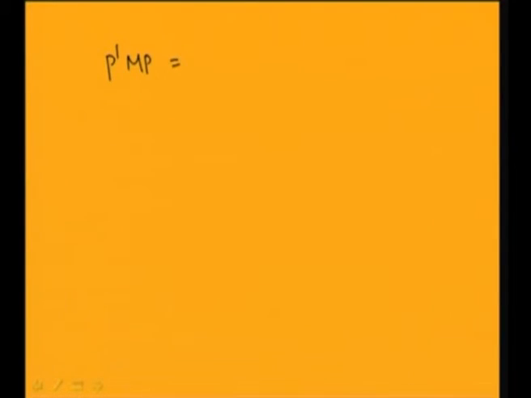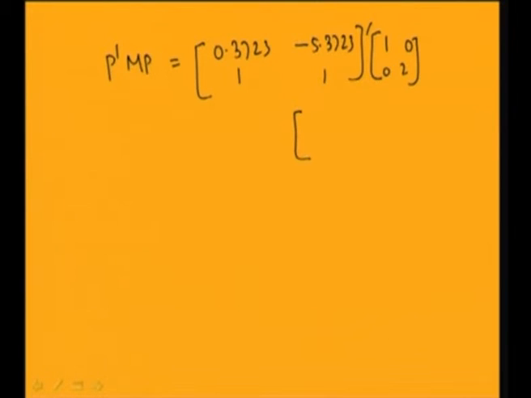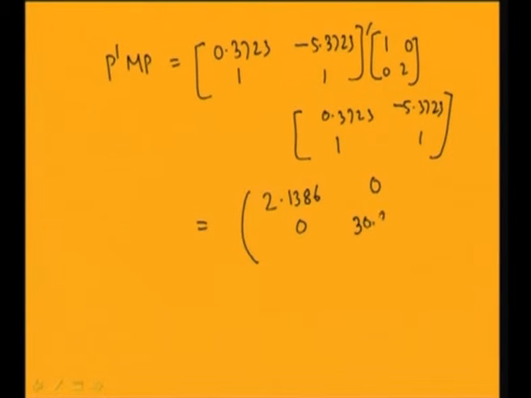Now let us find P dash mP. P dash mP will be equal to the transpose of 0.37231, minus 5.37231, times m equal to 1002, multiplied by 0.37231, minus 5.37231. If you multiply this, you find P dash mP equal to 2.1386, 0, 0, 30.8616.